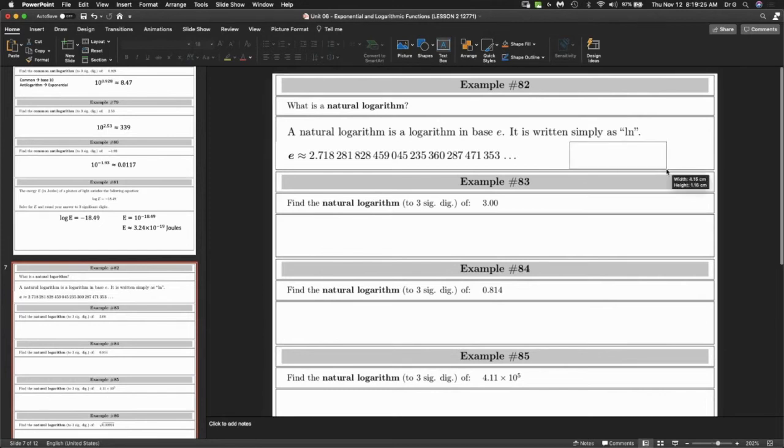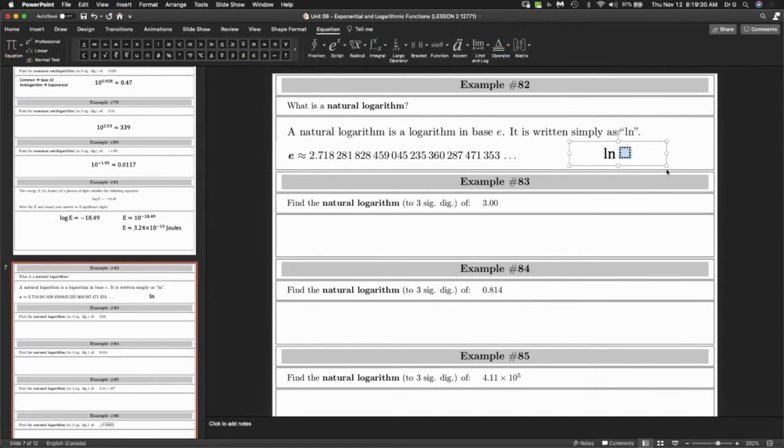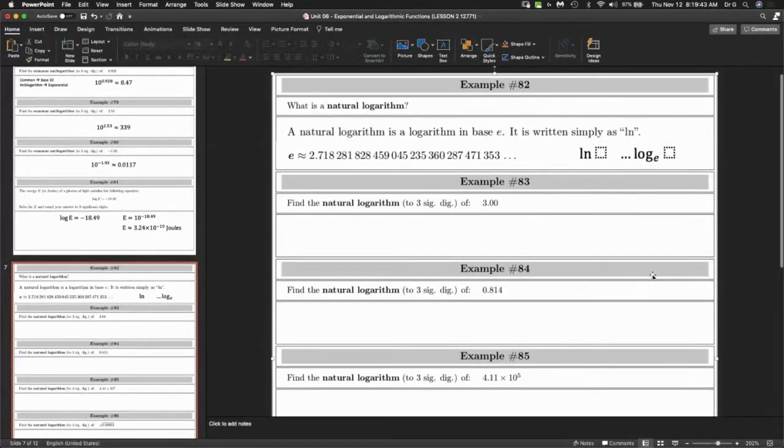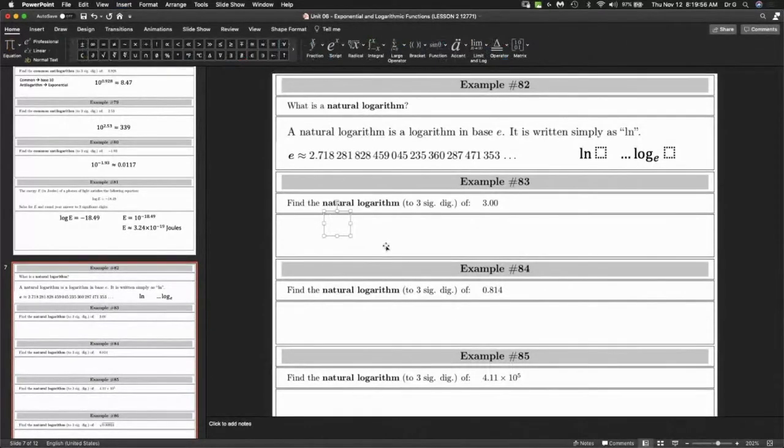So just remember here, when you see ln, ln is the same as log base E. So it's understood that there's a base E there. But we're not going to write log base E, we're just going to write ln. So in this case, when it says find the natural logarithm, the word natural refers to the letter E, which is the constant E, okay?